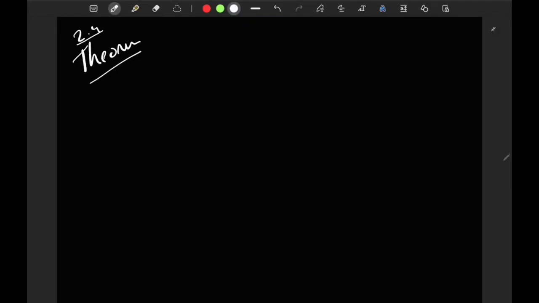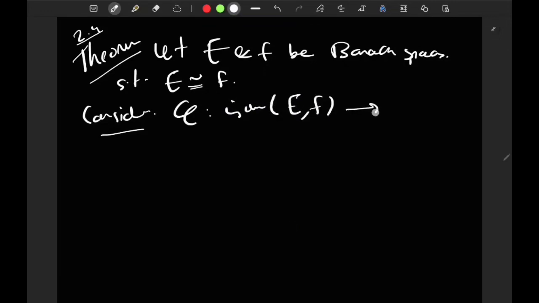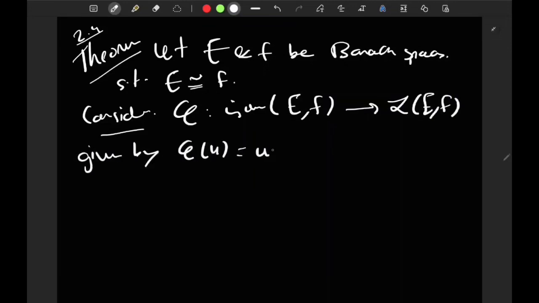Now this theorem says: let E and F be Banach spaces, such that E is isomorphic to F, okay. And consider phi from isom EF into L of EF, okay, given by phi of u equal to u inverse.